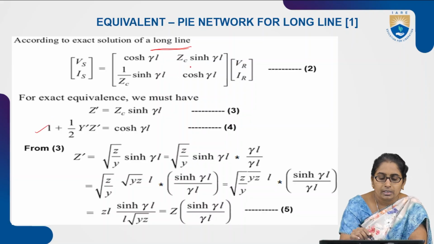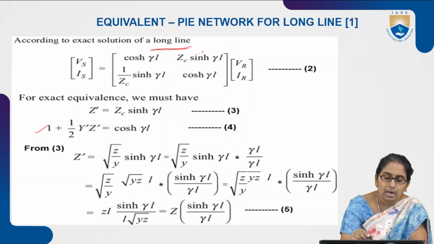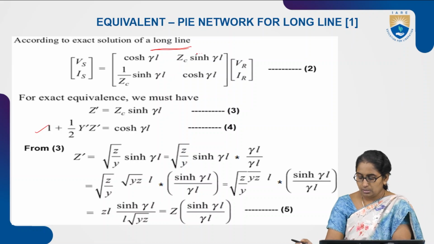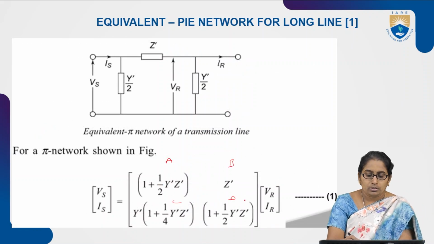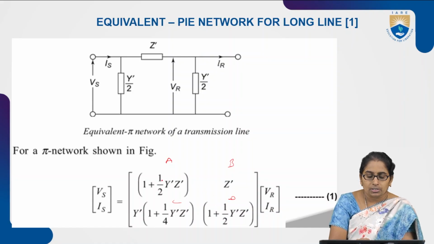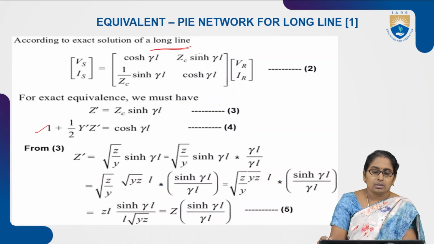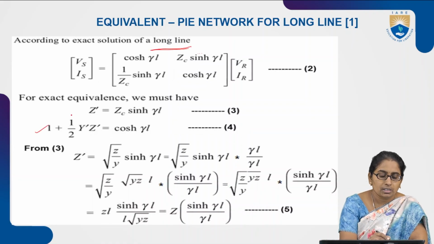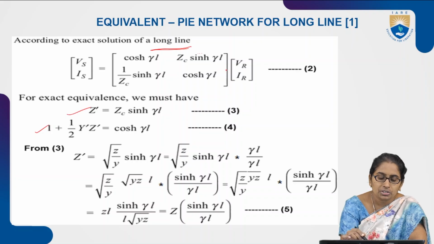Also, B constant Z dash is equated to Zc sinh gamma l. Call these equation number 3 and equation number 4.